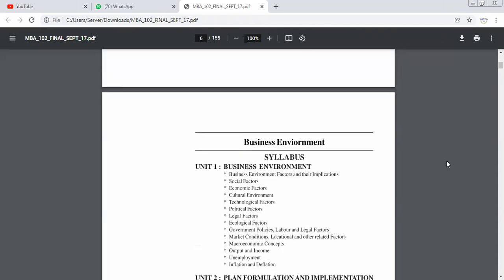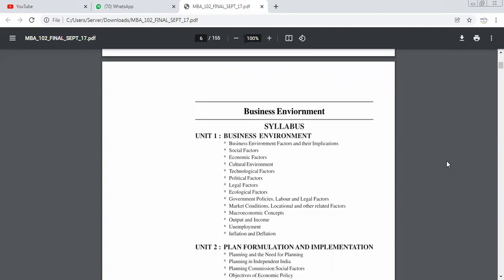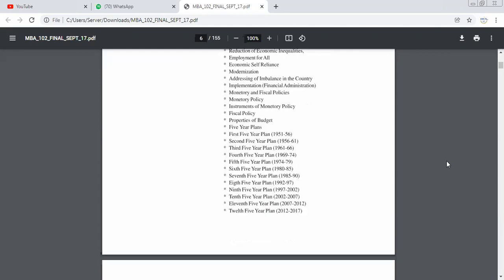In business environment, you are going to study various factors such as business environment factors and their implementation, social factors, economic factors, cultural environment, technological factors, political factors, legal factors, ecological factors, and many more.